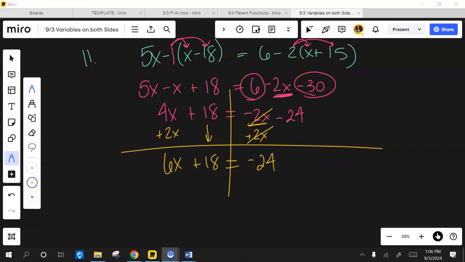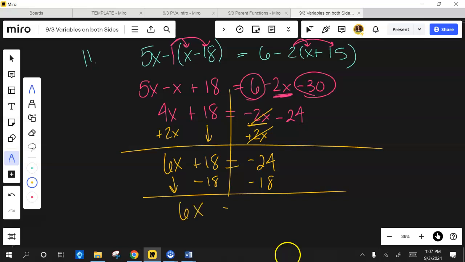We're going to get the x by itself. So we do the addition subtraction first, right? So here, what do I move? Subtract 18, right? I would definitely get out my calculator for this because this one's kind of hard to do in your head. I got 6x equals, what's negative 24 minus 18?